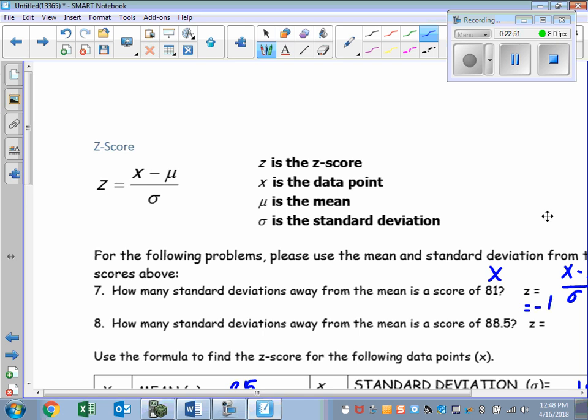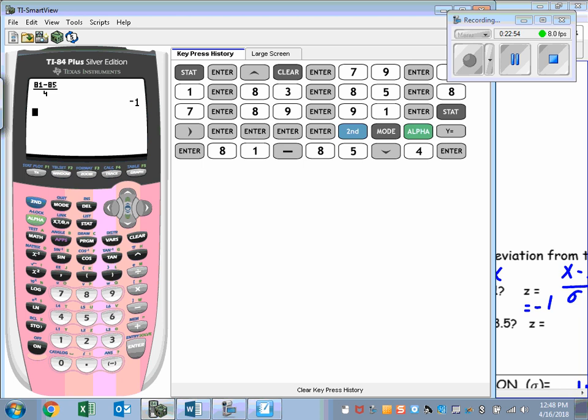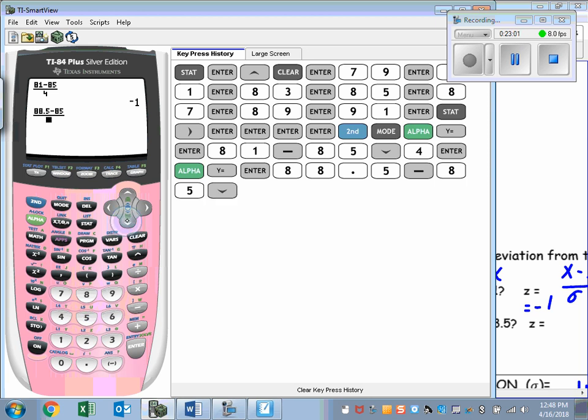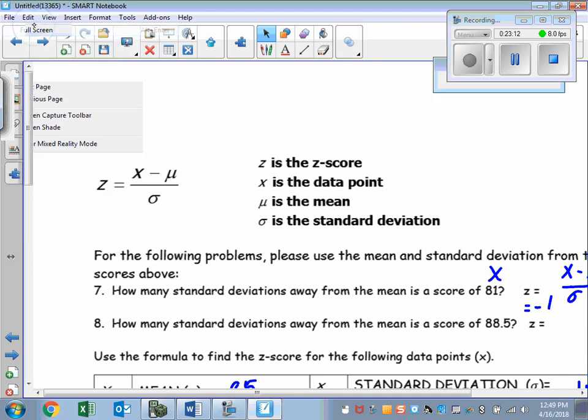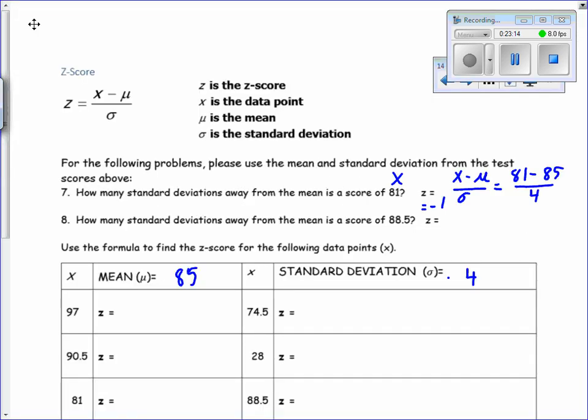Now for 88.5, 88.5 minus 85 divided by 4. The z-score is 0.875. We don't want to keep it in fraction form; we want decimals for statistics. Writing it out, 88.5 minus 85 divided by 4 equals 0.875.